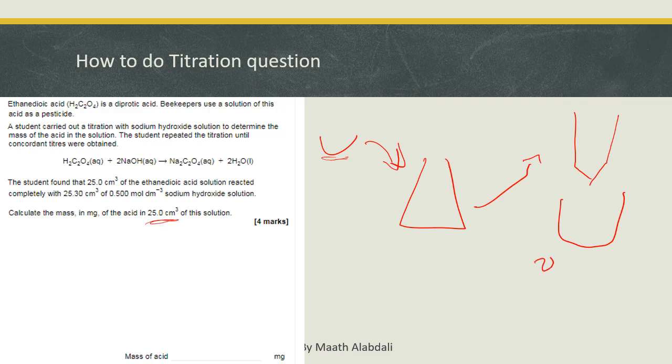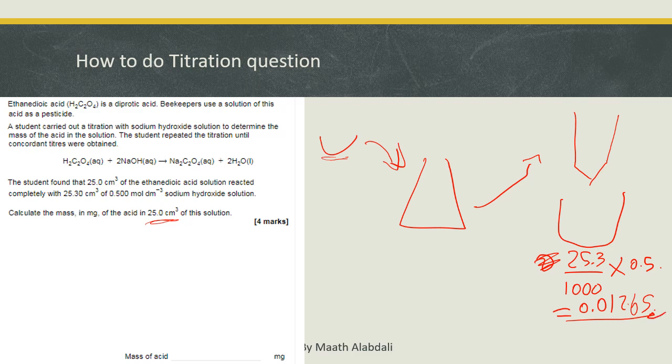So 25.3, divide that by 1000. So this is the decimeter cubed. Multiply this by 0.5, so you get the mole, which is 0.01265, and this is the mole of sodium hydroxide solution.